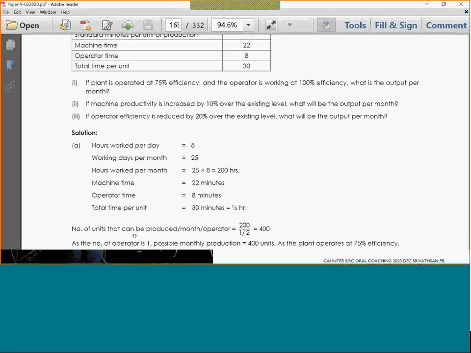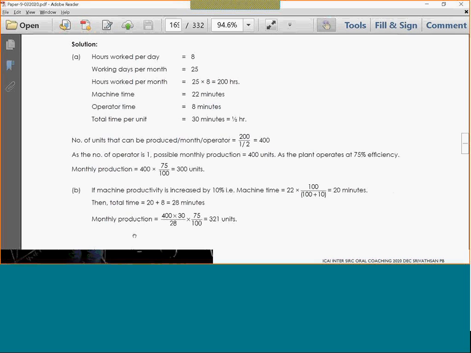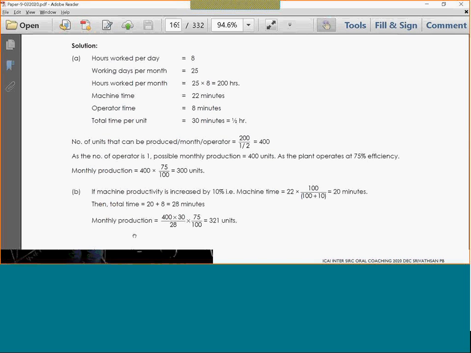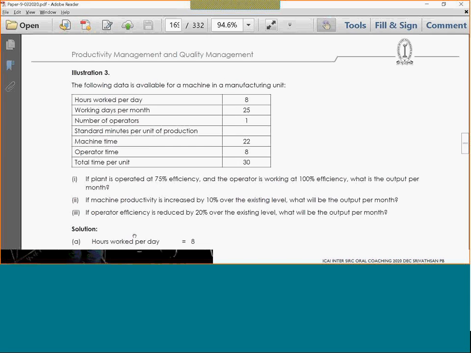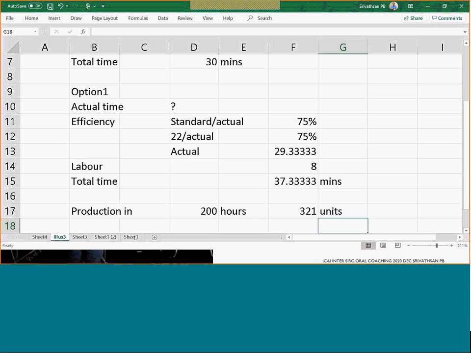He is doing at 100%. So this should be the working. Because they made the 75% on the overall possible production.